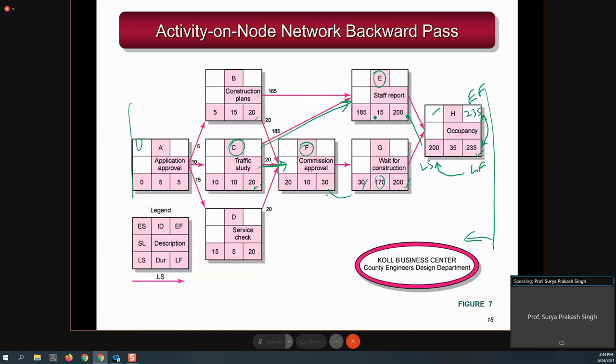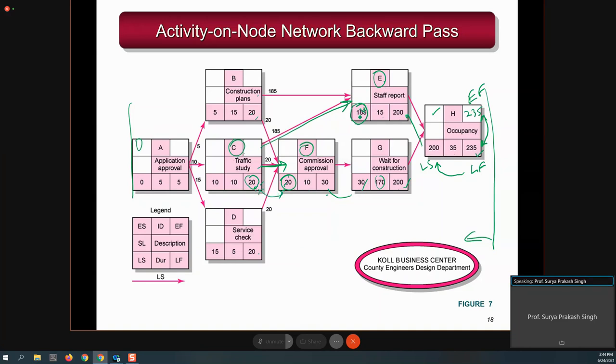So latest finish time depends on the late start of this and the late start of this. Here you have to say that the minimum of the late start of the succeeding activities would be the late finish of the preceding activity. So this will be 20, because 20 is lesser than this one.